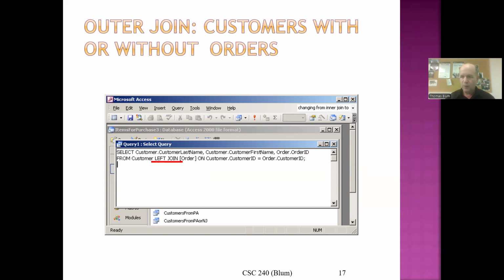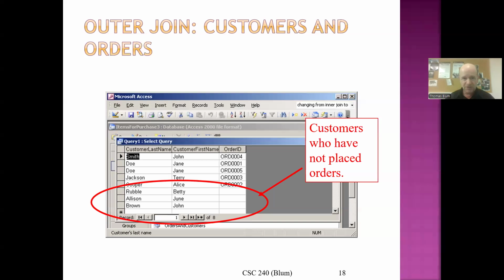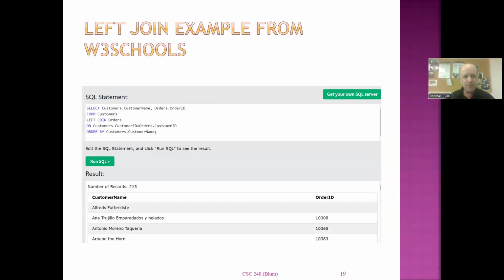Again, we are getting some unmatched records here. And so we have customers who don't have any orders. There are no order IDs for Betty Rubble or June Allison or John Brown. And that is an outer join.